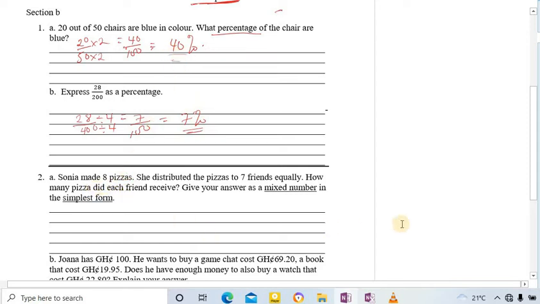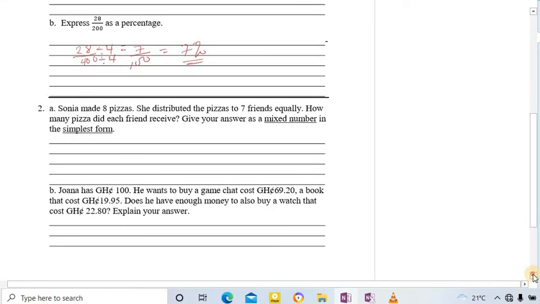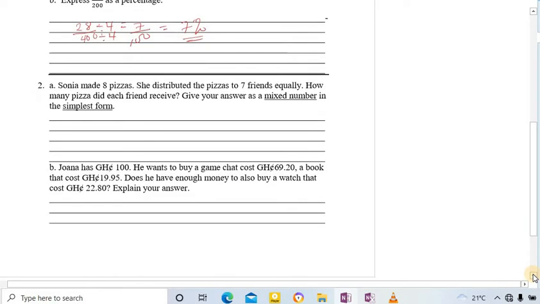Now number 2. Sonia made 8 pizzas. She distributed the pizzas to 7 friends equally. How many pizzas did each friend receive? Give your answer as a mixed fraction in its simplest form. The first thing to know is she distributed. Distribute means to divide.